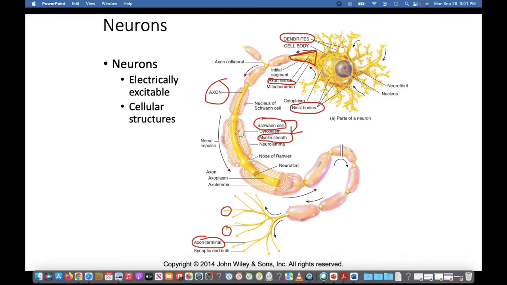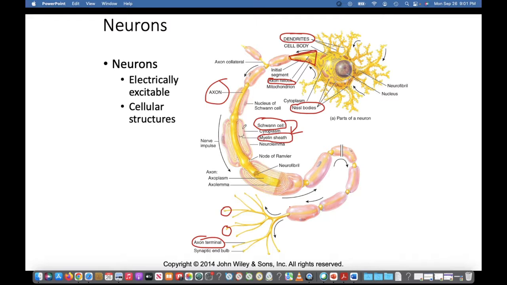It also speeds up the action potentials. So when the action potential is generated and it moves down the axon, the fact that it's insulated by myelin really speeds up the action potential. It increases the impulse speed.